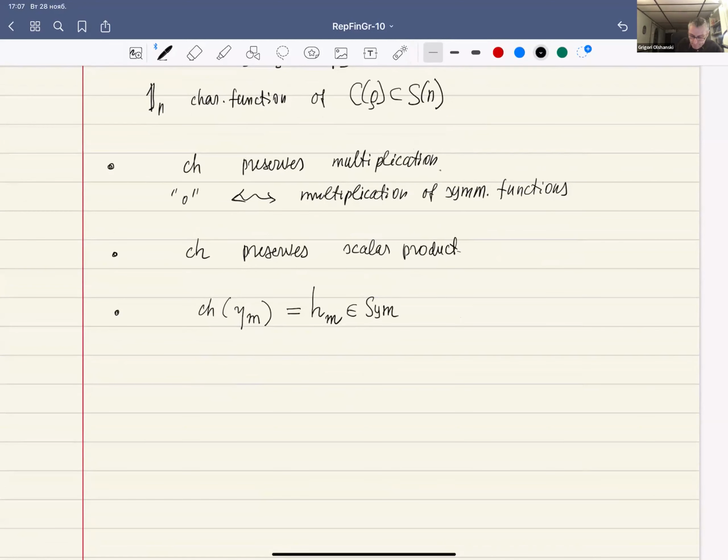So I state the following claim. Let's take this particular object, which we are interested in. And the claim is that its image under our characteristic map is the Schur function.